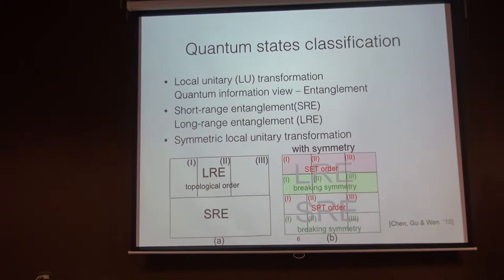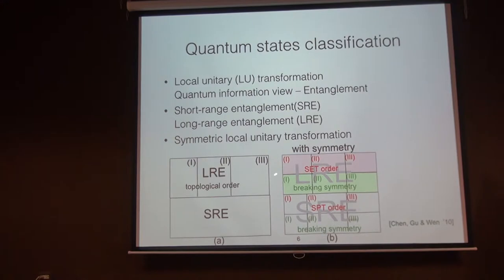However, if we consider the symmetry, that means if we apply the symmetric local unitary transformation, then there are more kinds of phases. For the short-range entangled state, some phases have a special pattern of the short-range entangled state that is preserved by the symmetry. So they call it the symmetry protected topological order.